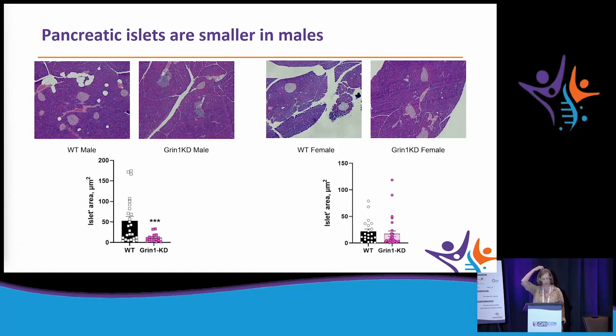So looking at the pancreas where insulin is produced, you can see, just looking at these pancreatic islet cells, which is where the insulin-producing cells are located, that they're smaller in the male mice. And this really was not seen so much in the female mutant mice.